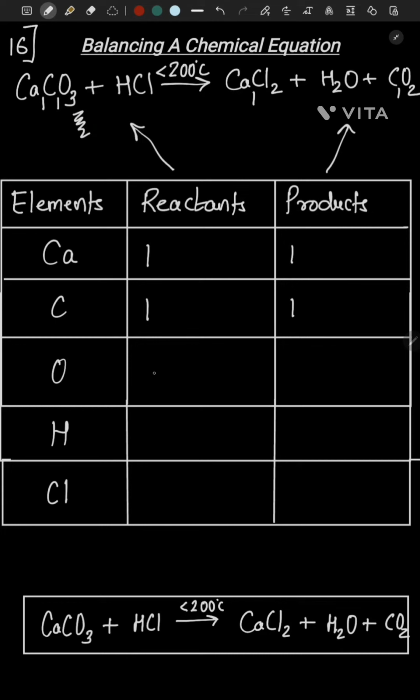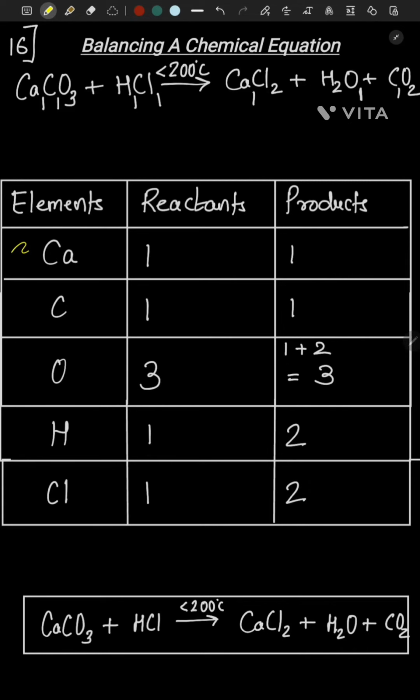Oxygen on the reactant side is 3. Oxygen on the product side, we have 1 here and 2 here, which means 1 plus 2, that is 3. Moving on to hydrogen, on the reactant side it is 1. On the product side it is 2. Chlorine on the reactant side is 1. And the chlorine on the product side is 2.